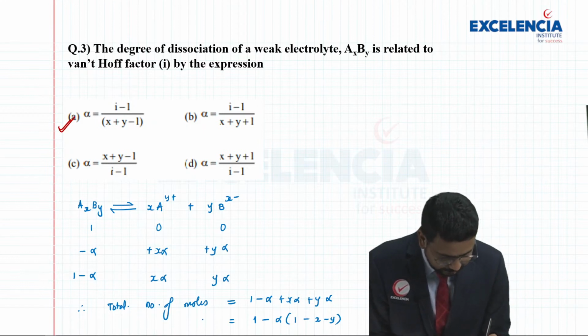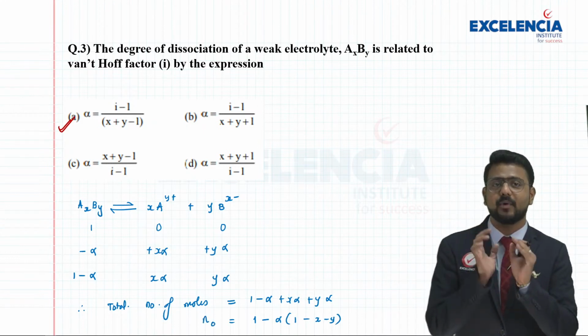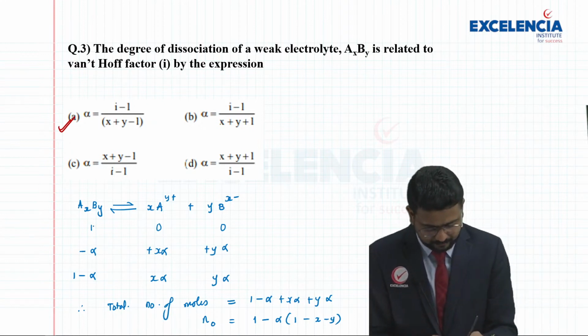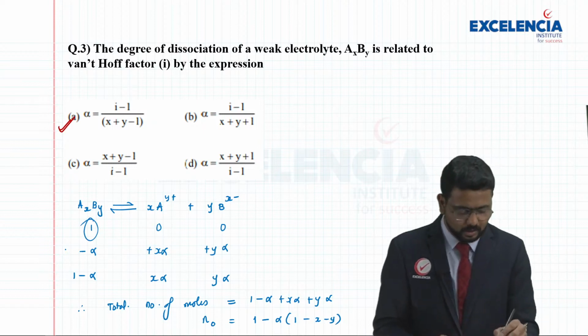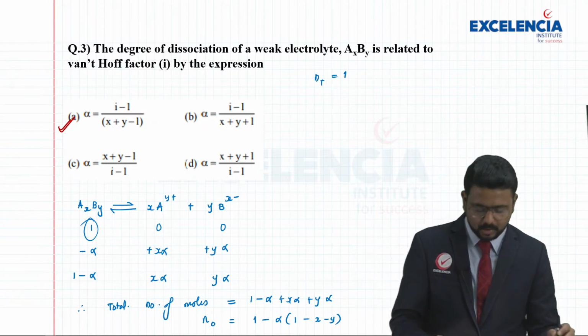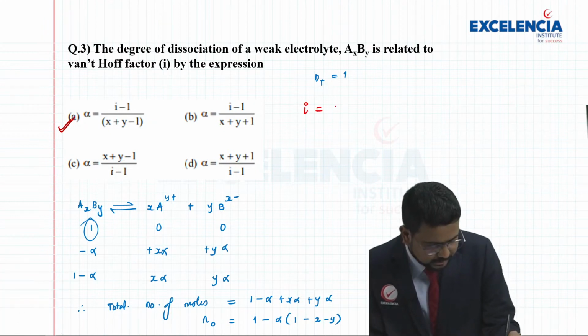So these are nothing but the observed number of moles. And we know that the theoretical number of moles we have taken initially is 1 mole. So we know that the Van 't Hoff factor i is equal to the ratio of number of moles observed to number of moles theoretical.